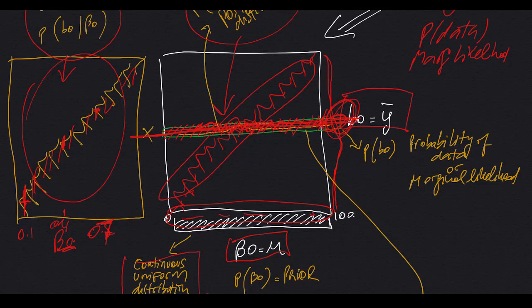So it's a bit circular. In this case, the prior distribution, which is here, we provided before observing the data.